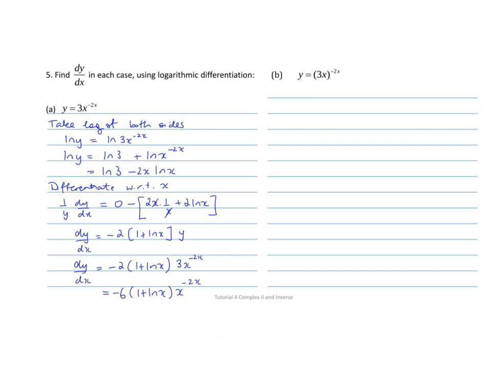So we do the same thing, but this time we do have brackets. So if we take the logs of both sides, we have log y is equal to log of the brackets. So that means this power is for both of them, which means we can bring that power outside. All those log rules. And now we can differentiate with respect to x.